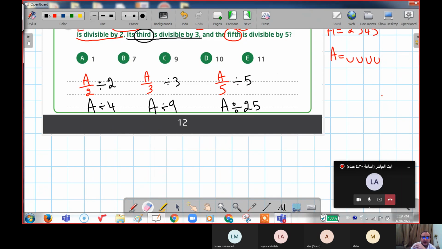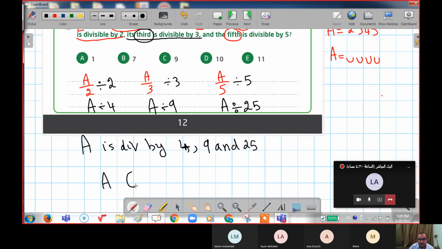So now we have a number A, Maha, that is divisible by 4, 9, and 25. If A is divisible by 4, 9, and 25, then A must be divisible by 4 times 9 times 25.